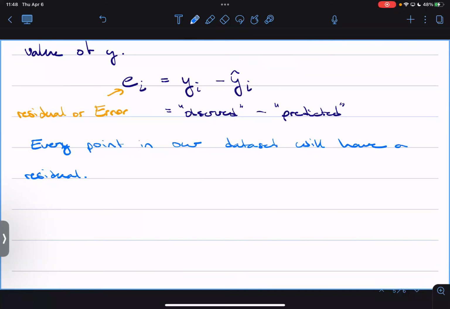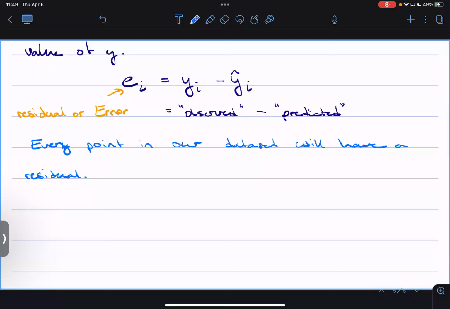What's kind of fun is it's like the snake eating the snake, or I guess a kind of catch-22. How we fit the line is by minimizing the residuals. In fact, we minimize the squared residuals, and that's where the least squares regression line comes from. But how can you minimize the residuals if you don't have a line?